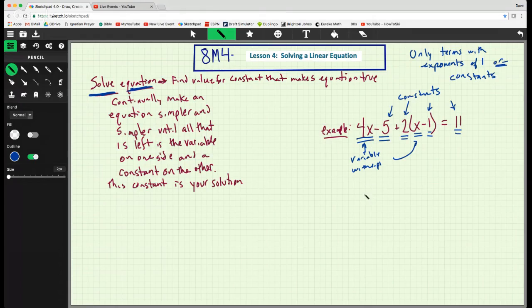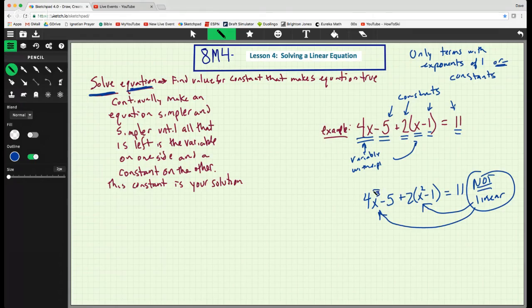For example, this would not be a linear expression if we had something like this. This would be not linear because we have exponents, because these exponents do not equal 1, right?